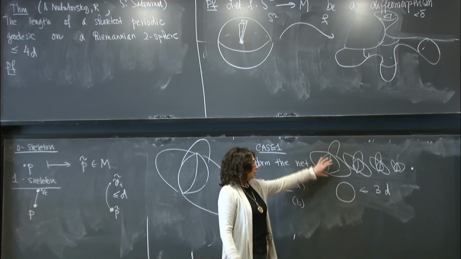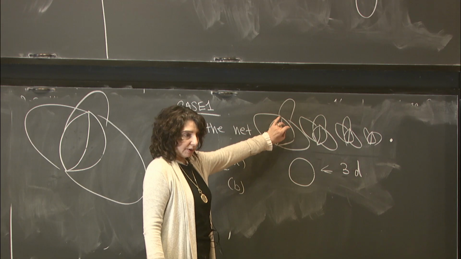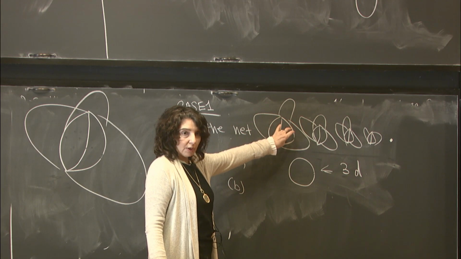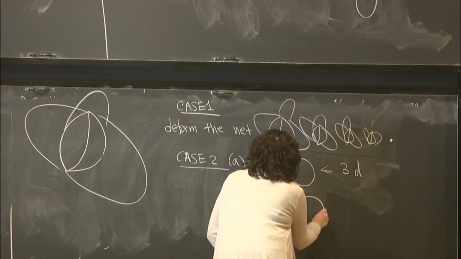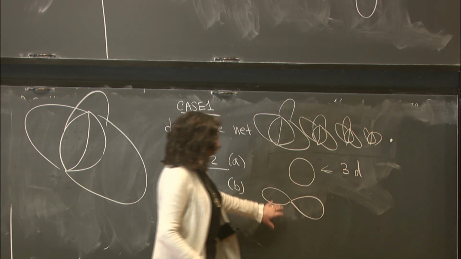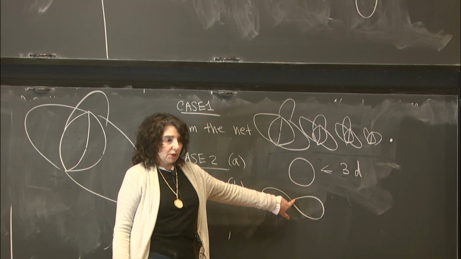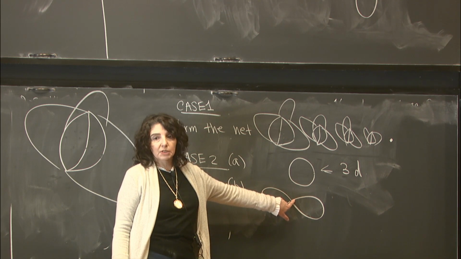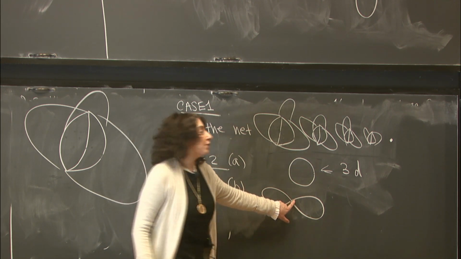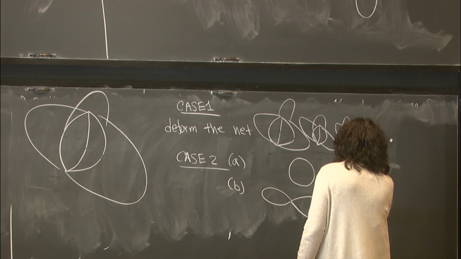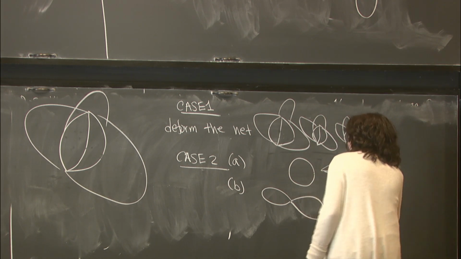In fact, one edge can disappear during the homotopy, and what I can obtain is a stationary figure 8. But I am on a surface here, so if I use the stationarity condition at the vertex, that means that this is a self-intersecting periodic geodesic. So this is still a nice case. I still have a periodic geodesic, which is what I wanted, still bounded by 3 times the diameter.